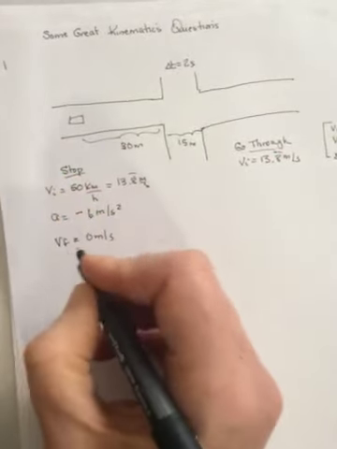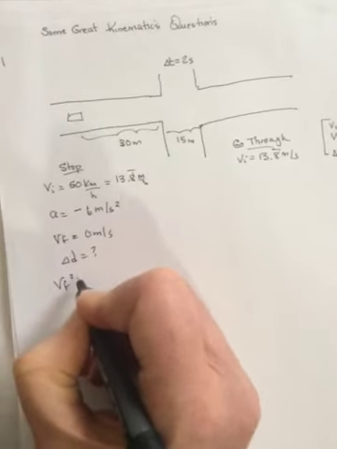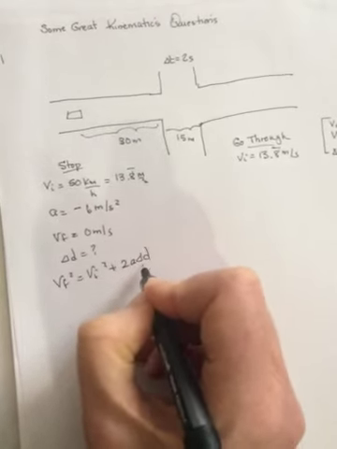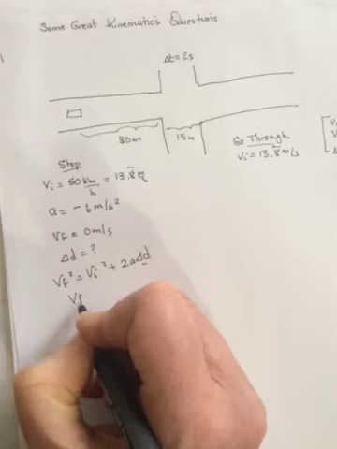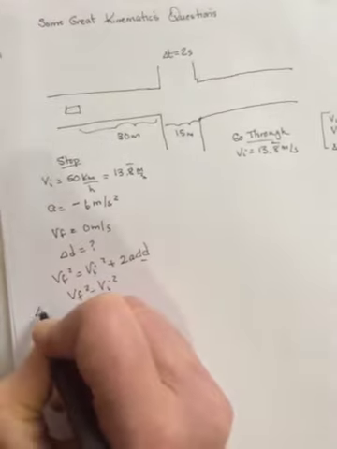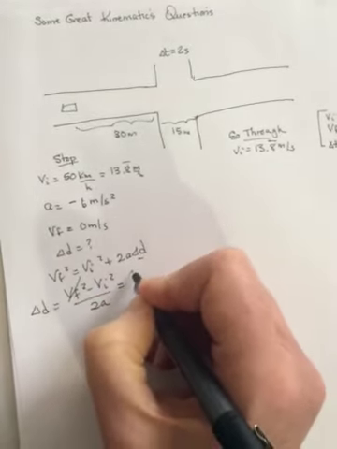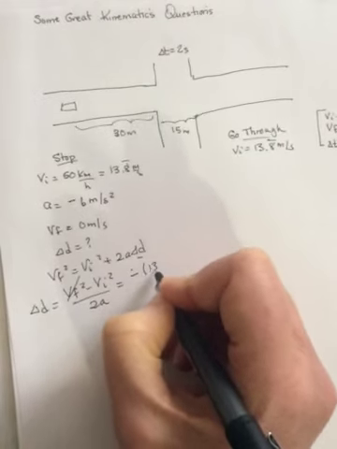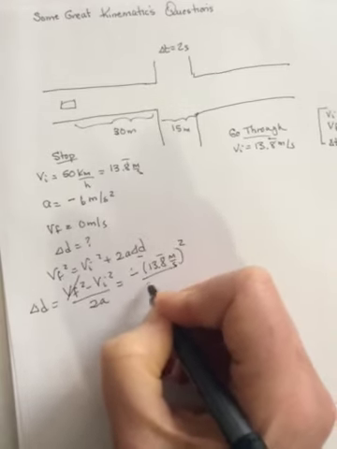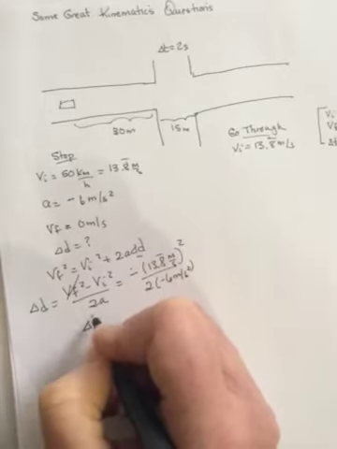So rather than find time, I would just find delta D directly using VF squared equals VI squared plus 2A delta D. You're looking for delta D, so take the VI squared over, subtract it, and divide by the 2A. And you're stopping, so VF squared will be 0. So this will be negative 13.8 repeating squared, divided by 2 times -6 meters per second squared.